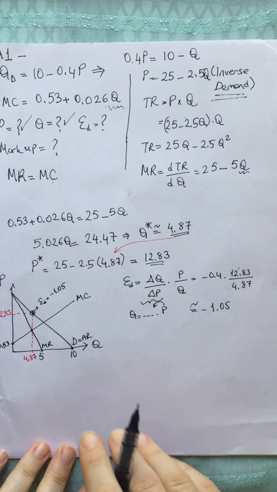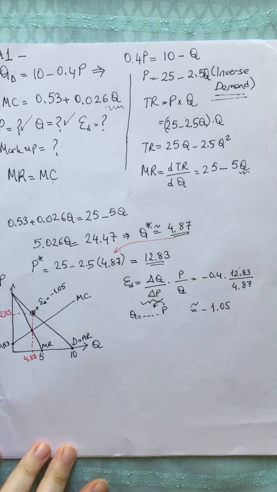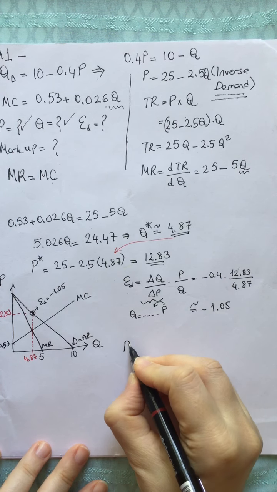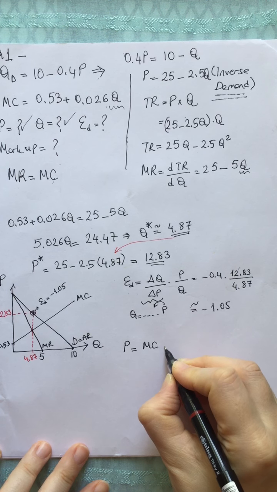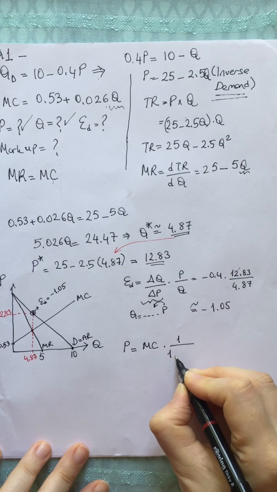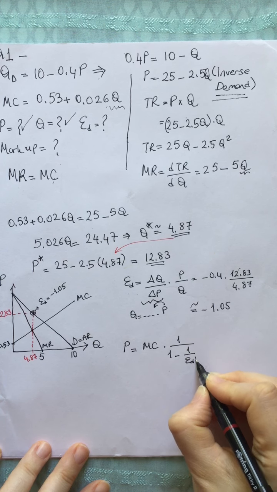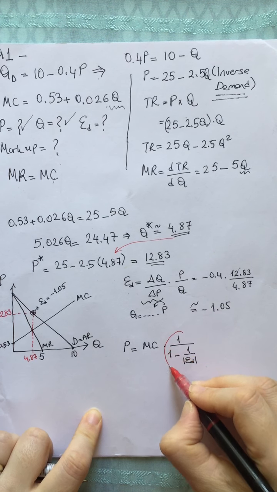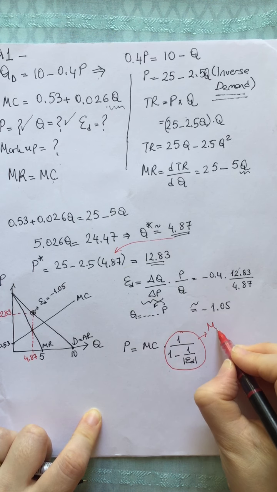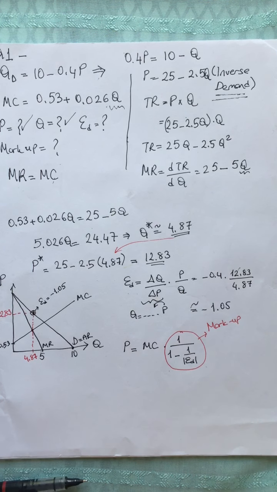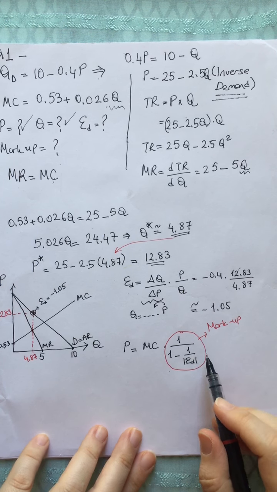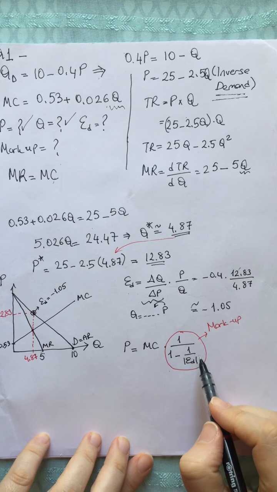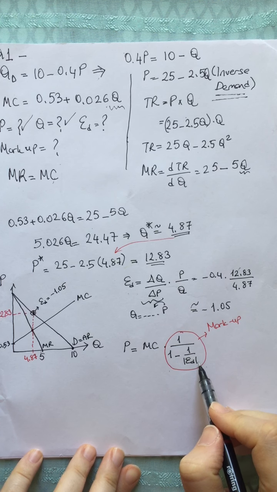And finally, it is asked the markup of the monopoly. Please remember the markup formula. Price equal to marginal cost times 1 over 1 minus 1 over the elasticity of demand in absolute numbers. That part is called the markup over marginal cost. So the monopoly has the chance to determine its price above the marginal cost, and this difference between price and marginal cost is determined by the elasticity of demand.